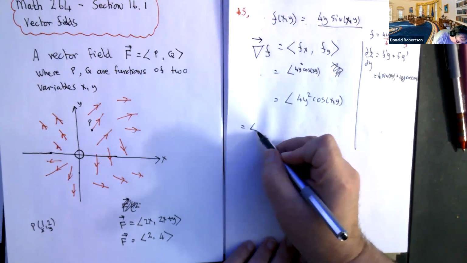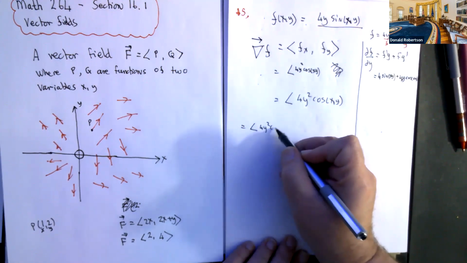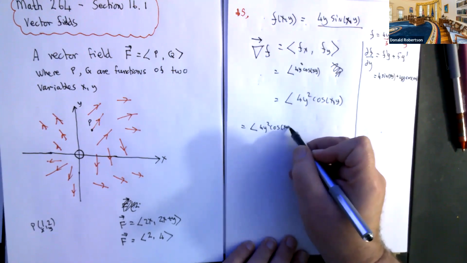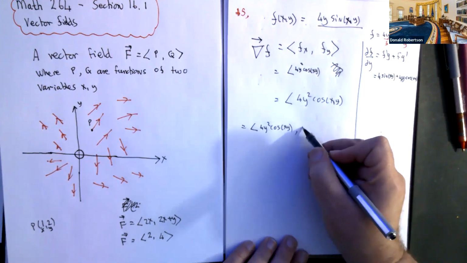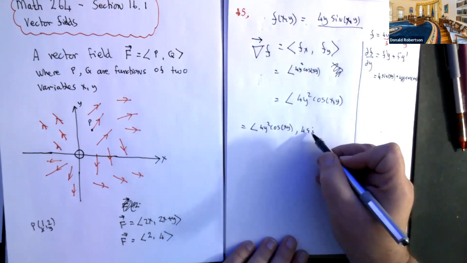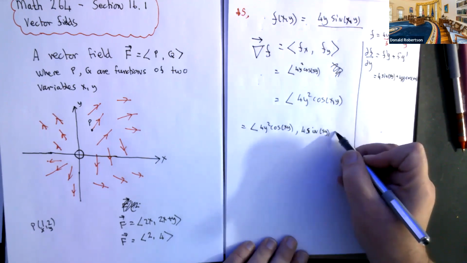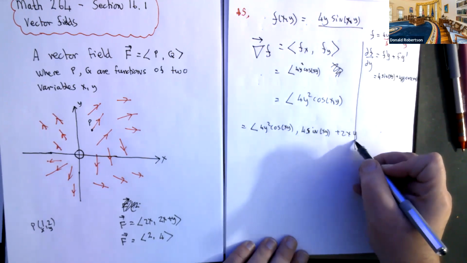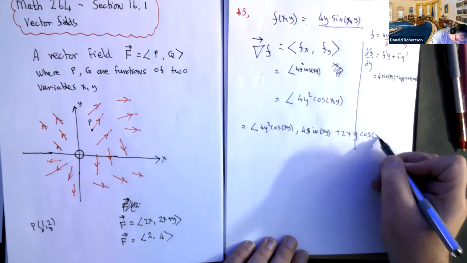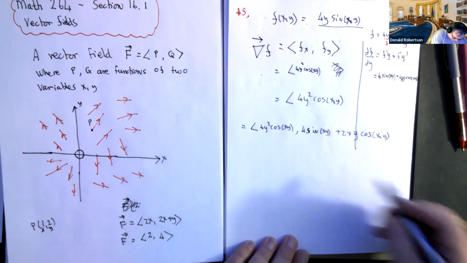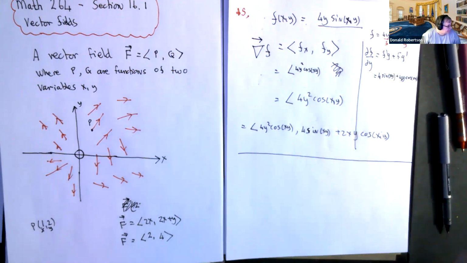So the first guy looks like that, and the second guy looks a little bit messier. 4 sine of xy plus 2xy, the cosine of xy. So really just finding gradients, isn't it? The gradient vector.